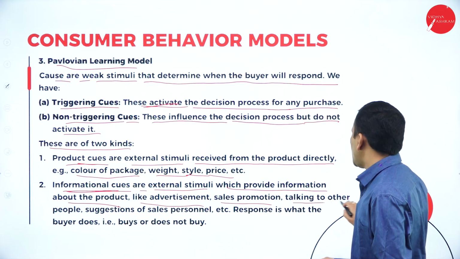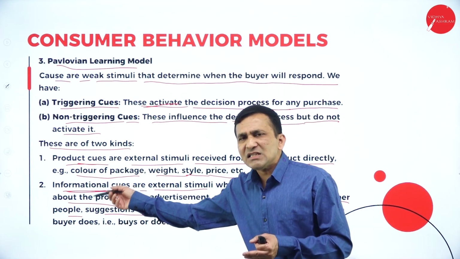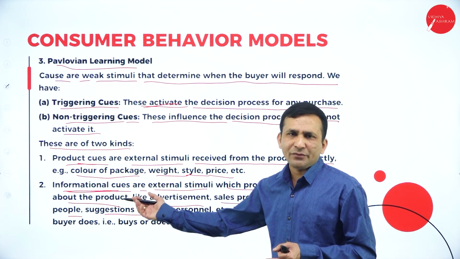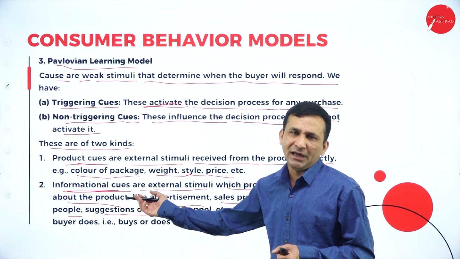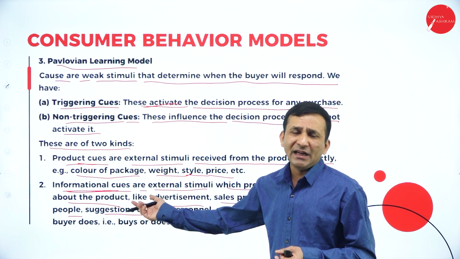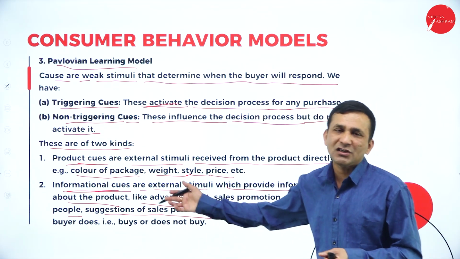Also sales promotion, talking to other people, and suggestions of a salesperson. Consumers get to know the product and service available, which company is offering it, and what benefits they are finding from the product. All of this they get to know with the help of external sources.